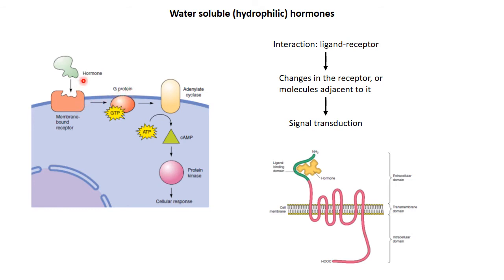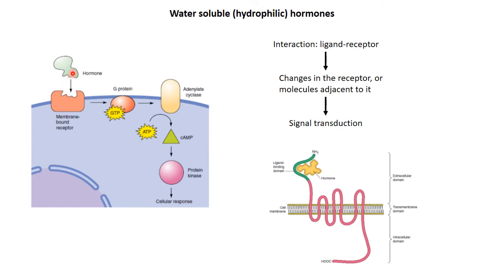Whenever the hormone binds to its receptor, this will induce a modification in the G protein, which will induce an activation of other enzymes. We will talk about them, and then they will induce a signaling cascade that will lead to a cellular response.